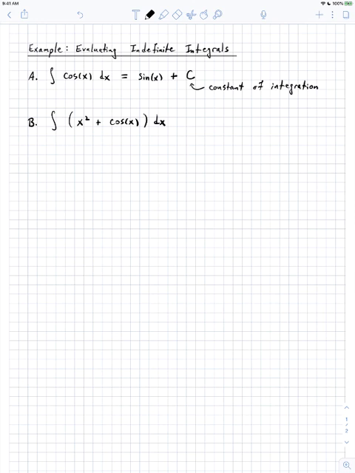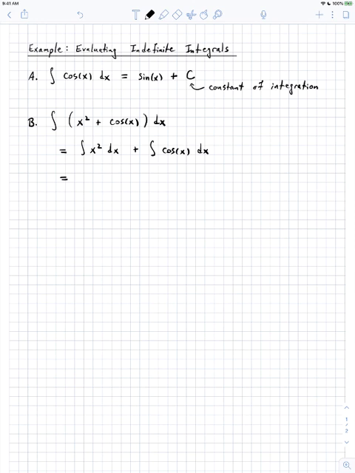But that's okay. Even though we don't maybe know off the top of our heads the antiderivative for x squared plus cosine of x, we know the antiderivative for each individual piece. And the integral of the sum is the sum of the integrals. So this is the integral of x squared dx plus the integral of cosine of x dx. And each one of these we can evaluate.